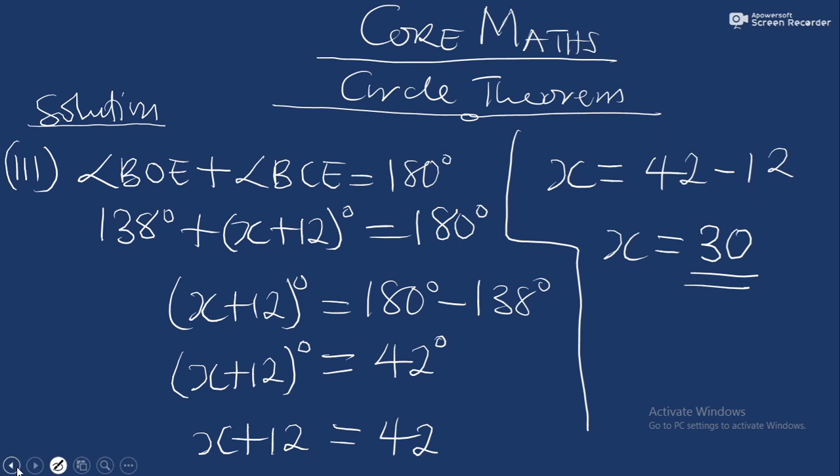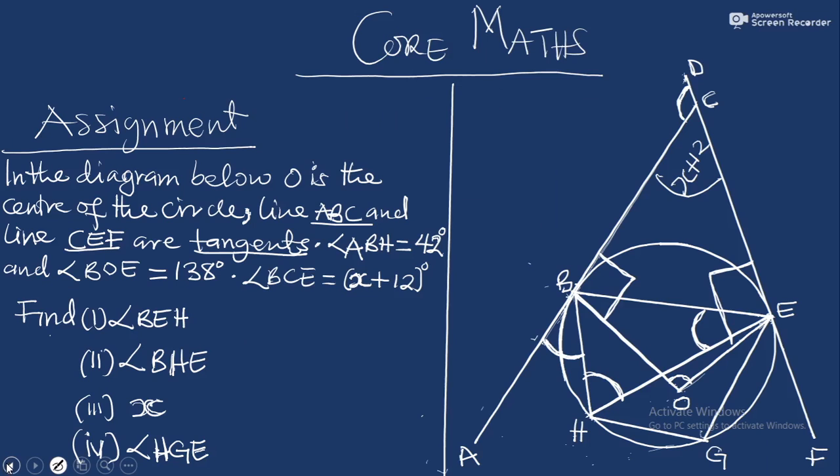So now let's move on to IV. Good. Now IV, we were to find angle HGE. Angle HGE. So this angle. Good. So now, observing the diagram carefully, you realize that there's a cyclic quadrilateral.